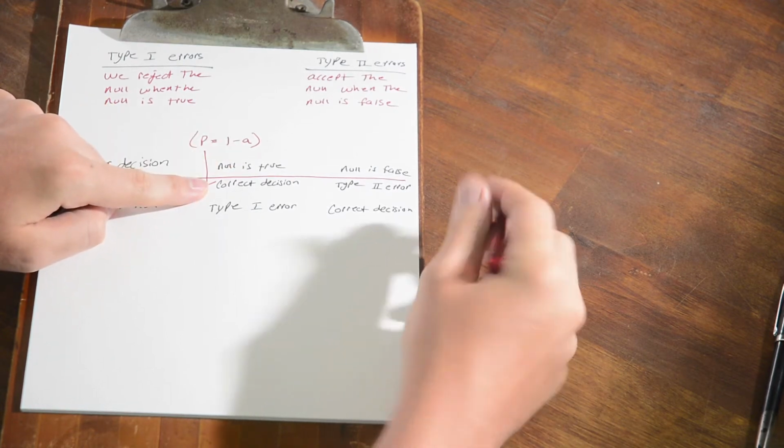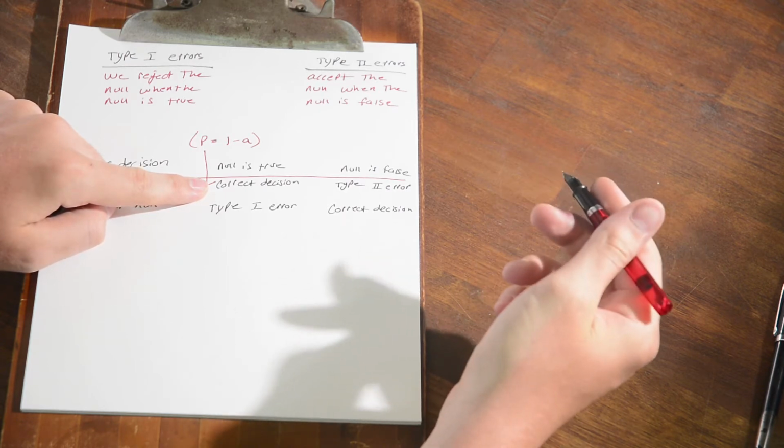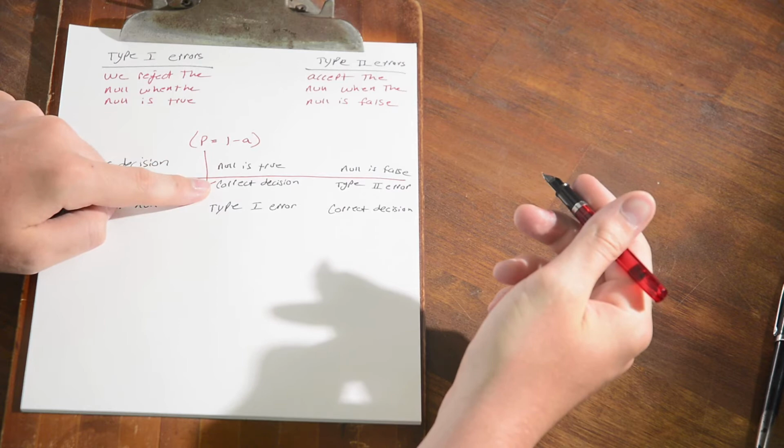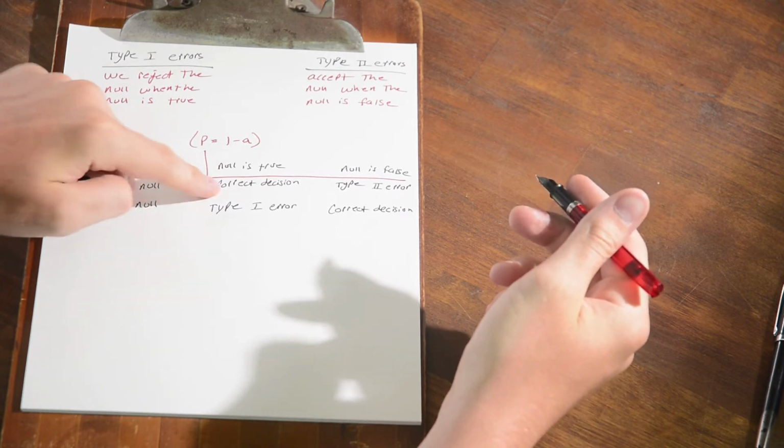We set this because we set our alpha level, and so normally we're saying that 95% of the time we will get a correct decision. We will accept the null when the null is true.